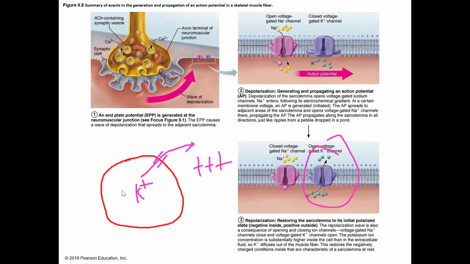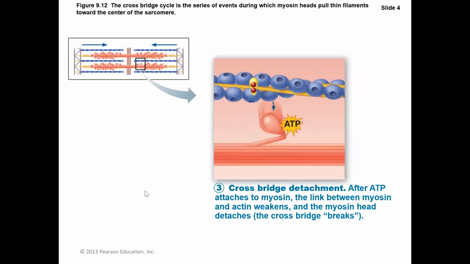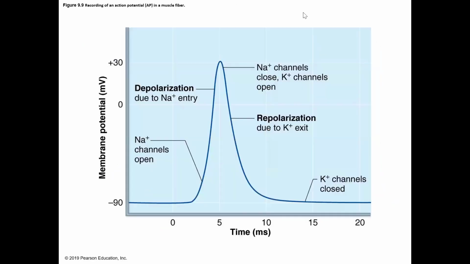So as potassium's leaving, you're losing positive ions. All right, let me get back to the graph. So let me draw my little picture here. As we're losing potassium now, because voltage gated channels for potassium are open, you're losing positive ions. You're now coming back to rest from 30 millivolts, coming back toward minus 70 millivolts.